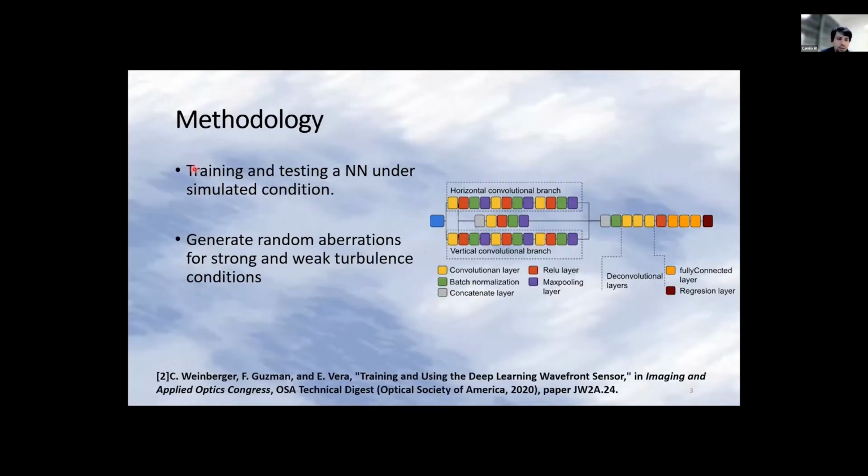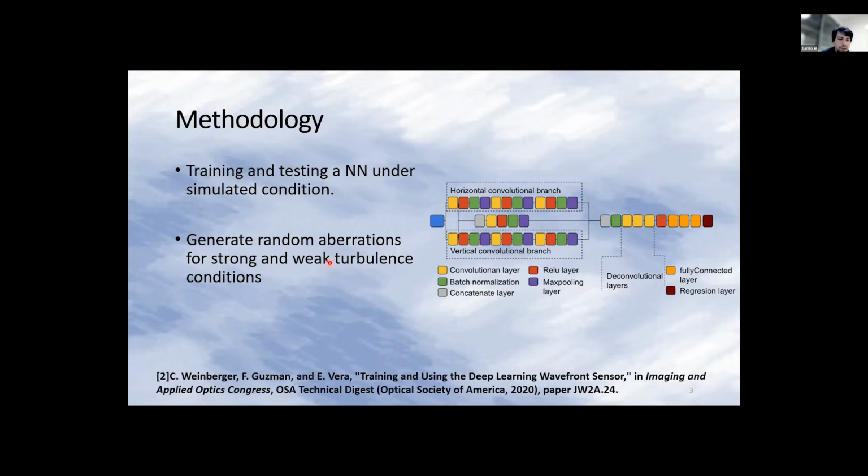So our methodology is training and testing a neural network under our simulated condition. The condition is given by the specification of the OHP telescope, and I will talk a little more about that in the next slide.